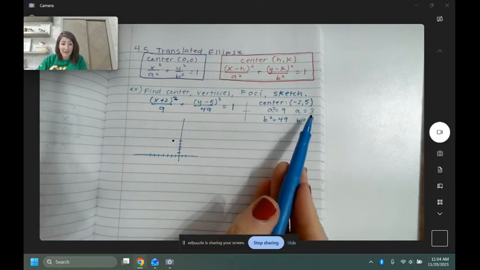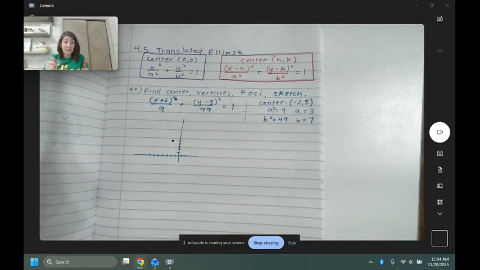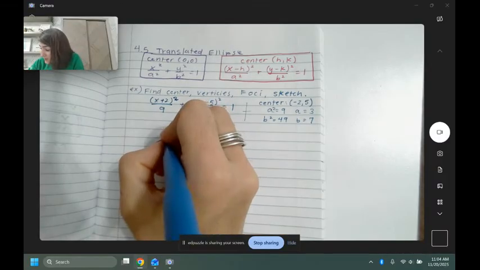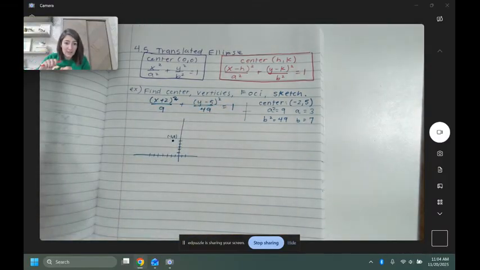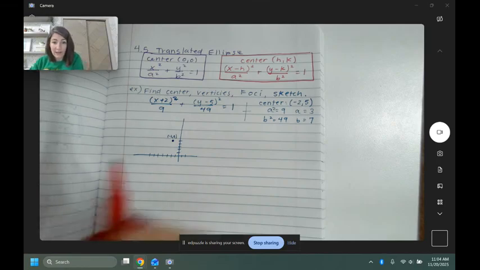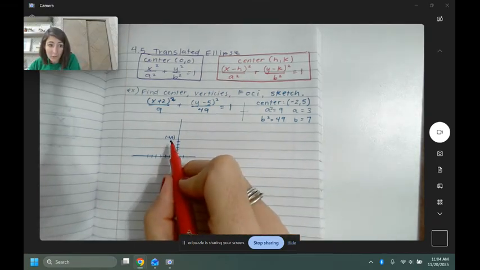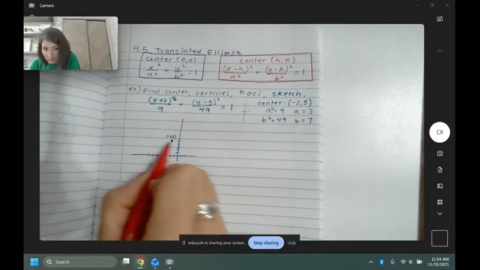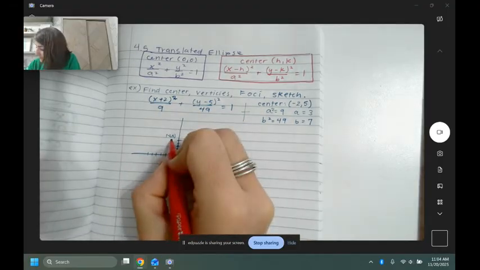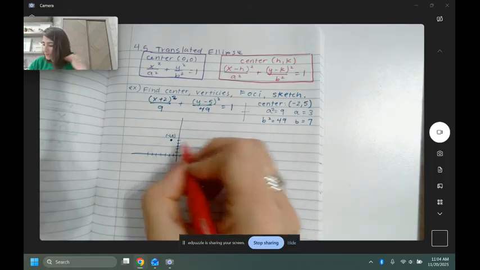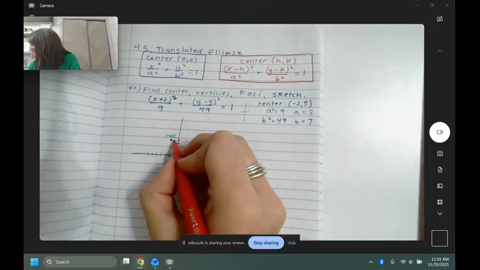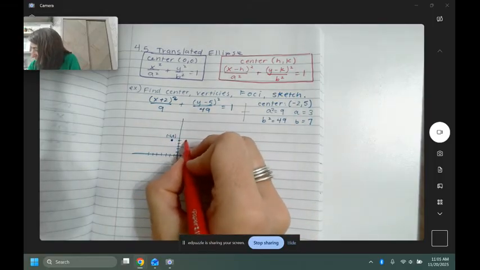The a value is 3, so I'm just going to count. This is the point (-2, 5). I'm going to count to the left and to the right. I'm going to be on the 5 line, and go over 1, 2, 3.